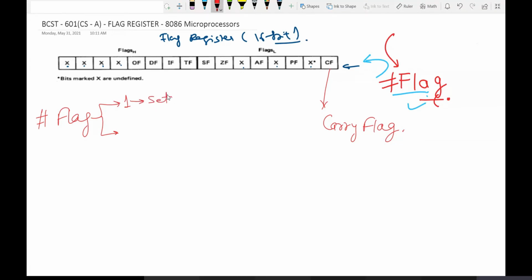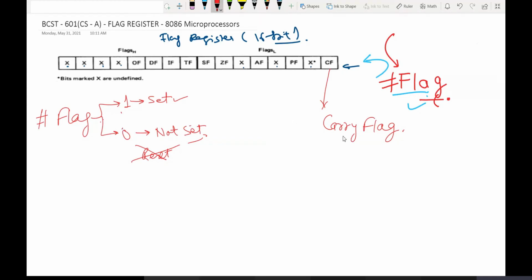When it has the value 0, it is called not set. Never say reset. Reset is a process. Not set is a state. Set is a state. So when a flag has value 1, you call it set. When it has value 0, you say not set.